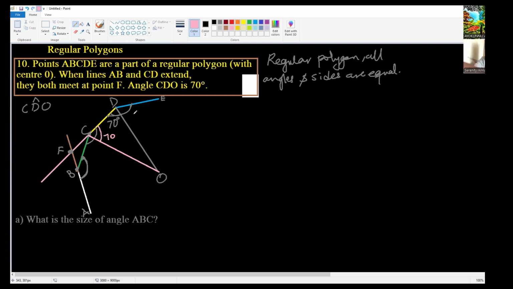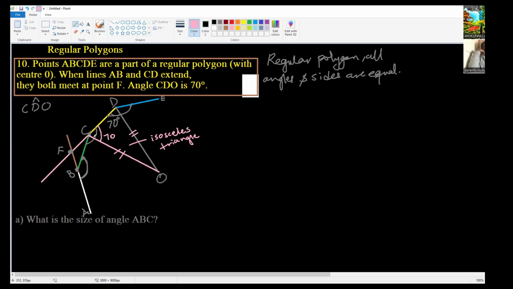Because the two lines DO and CO will be equal. Is that clear? This line is going to be equal to this line. So we have what is called an isosceles triangle, okay? Isosceles triangle.